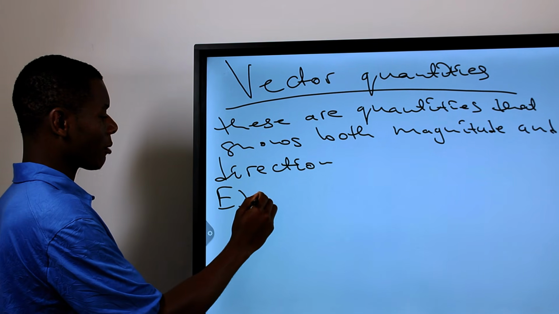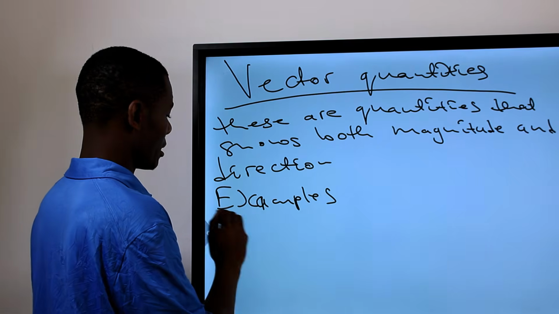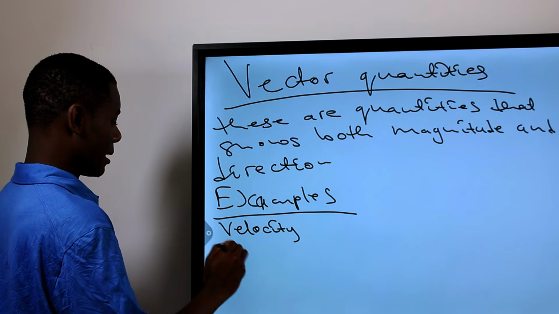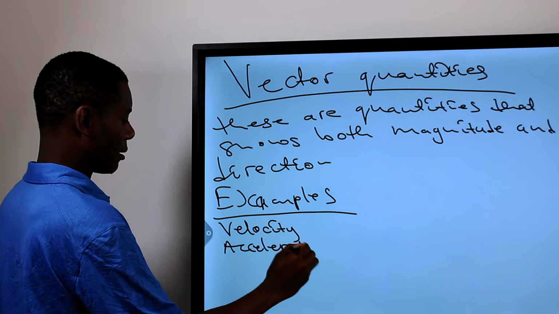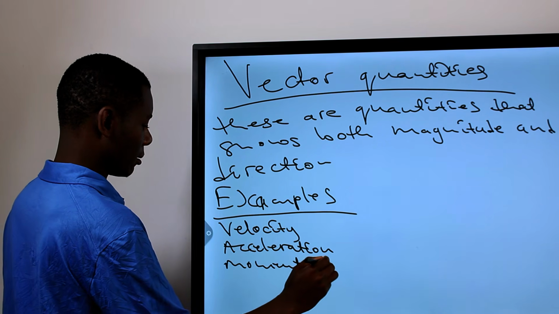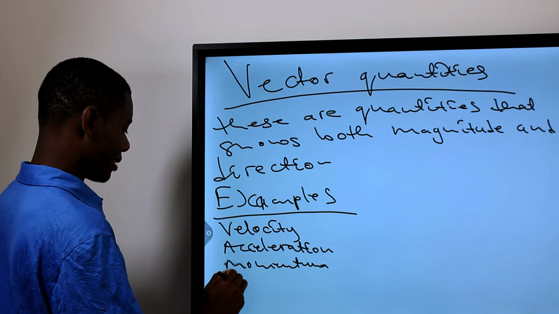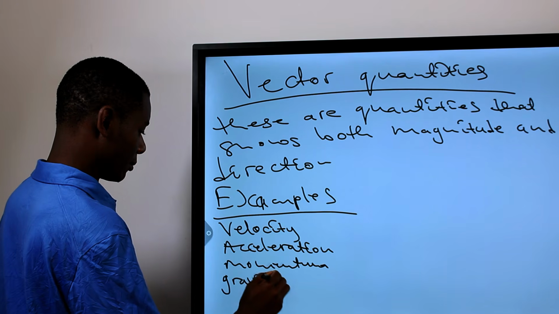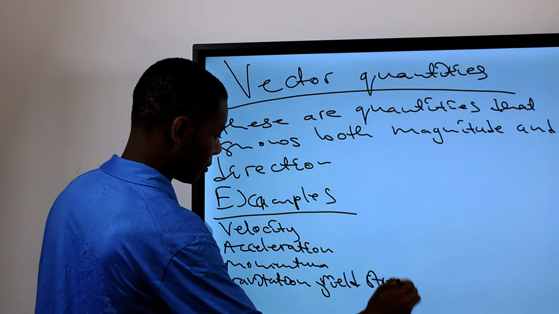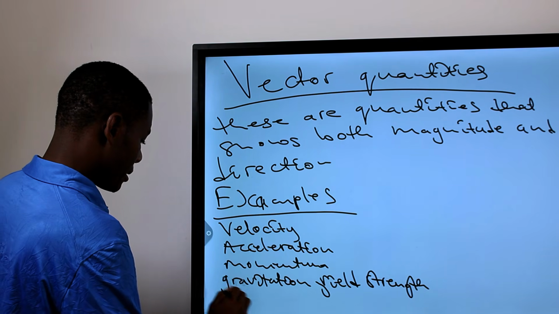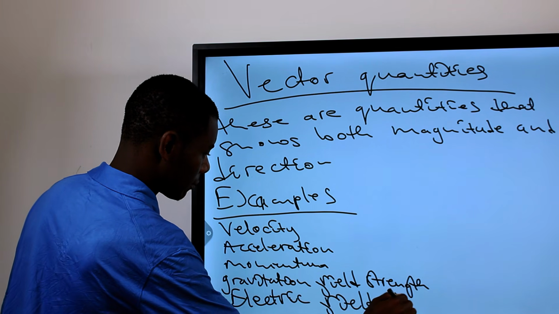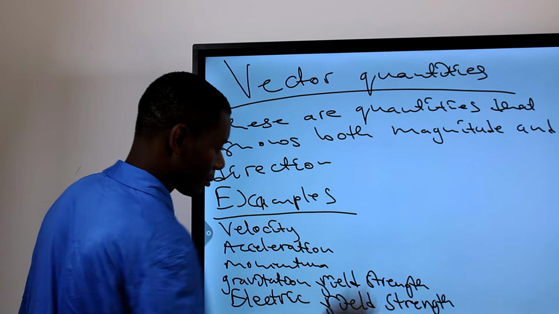Examples of vector quantities are velocity, acceleration, momentum, gravitational field strength, electric field strength, that's all.